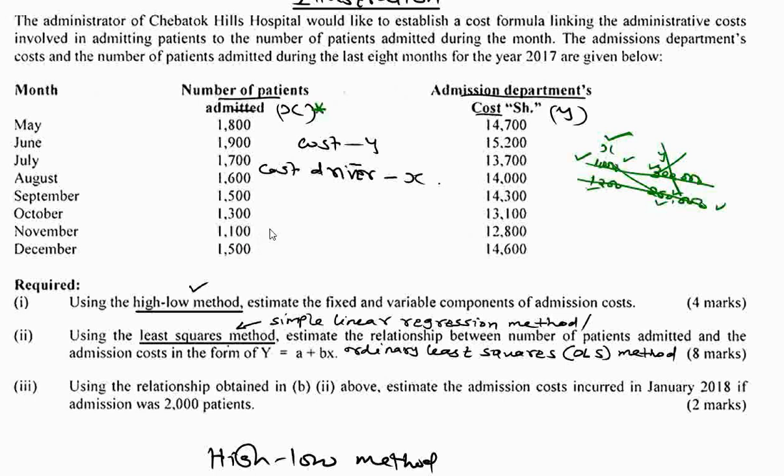Now the lowest of X is 1,100, that is associated with 12,800, and the highest is 1,900 associated with 15,200.